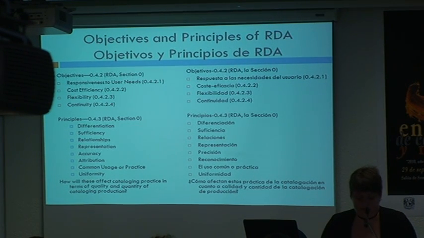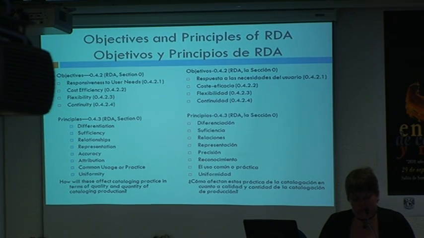This is just a quick summary of the objectives and principles: responsiveness to user needs, the data should enable the user to accomplish the 4 user tasks; cost efficiency, the data should meet functional requirements; flexibility, the data should function independently of the format, medium, or system used to store or communicate the data; continuity, the data should be amenable to integration in existing databases. It's not asking a whole lot, of course.